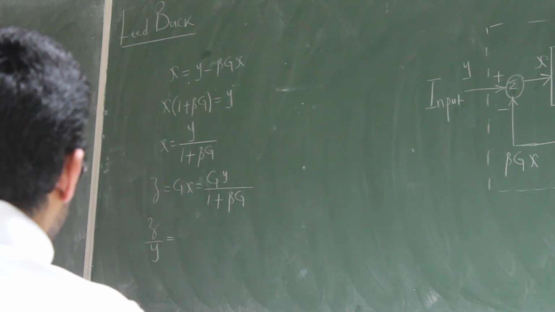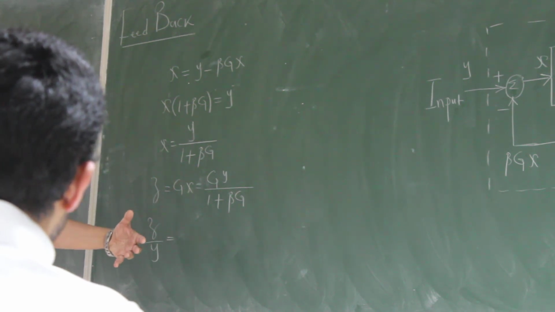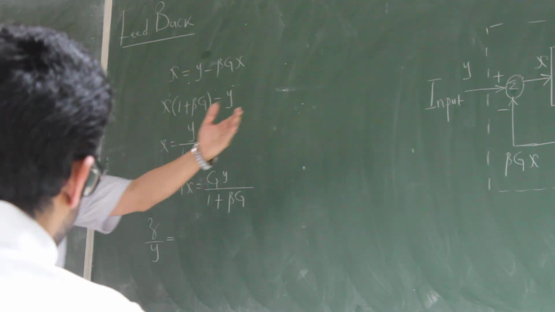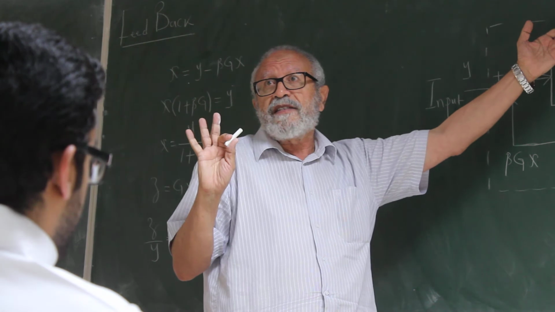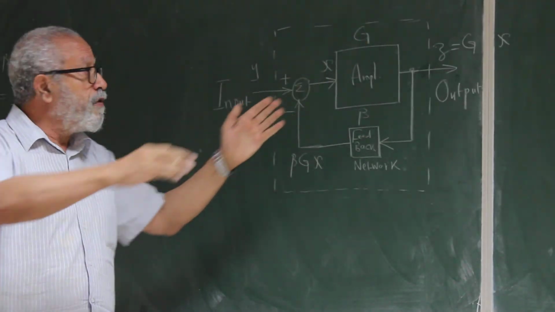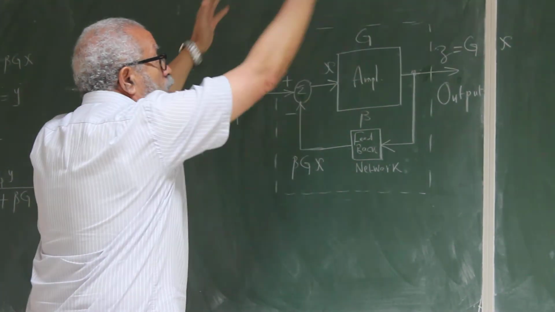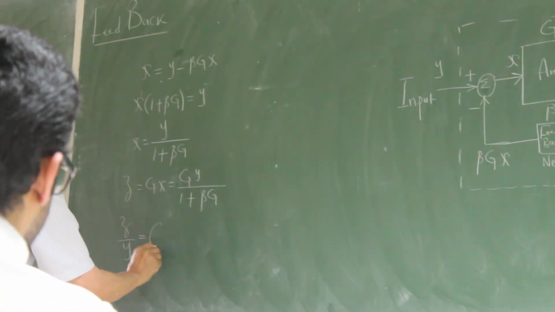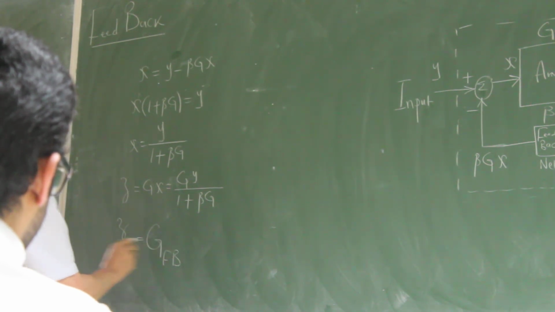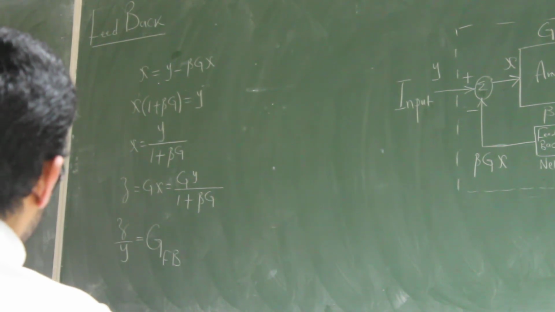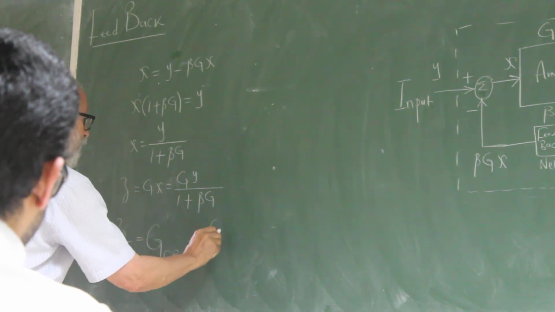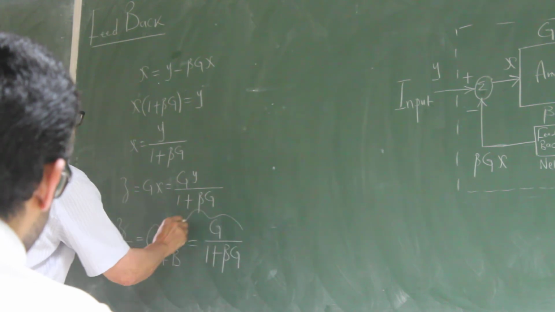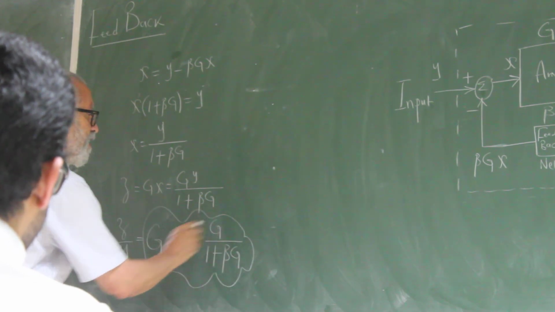This is the gain of the whole system, the gain of the amplifier with feedback. يبقى G is the gain of the amplifier without feedback, standing alone, صح؟ Now Z over Y is the overall gain of the system, يعني the gain with feedback. فهسميها G with feedback. هتساوي G over 1 plus beta G. And this is a great result.